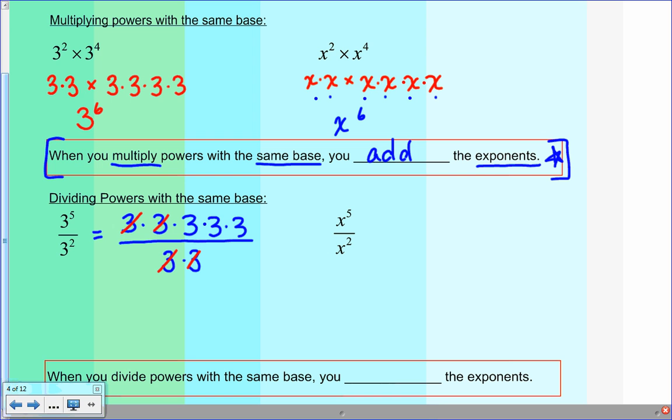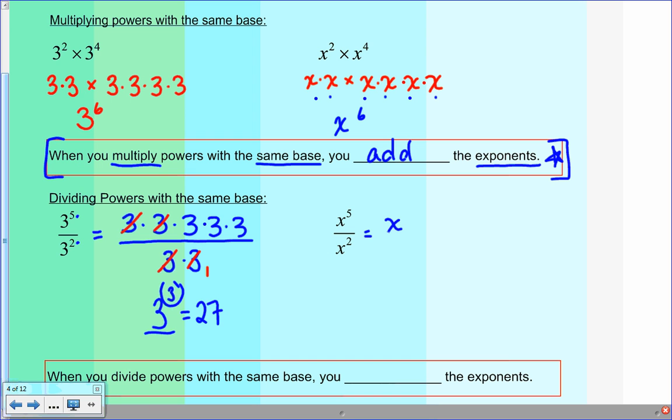Down here we're left with a 1, and up here we're left with 3 3's, which is 3 to the power of 3. You could write that as 27, but for our purposes, that will do. I want you to think about how you can use 5 and 2 to get that 3. We'll do the same thing with the x's.